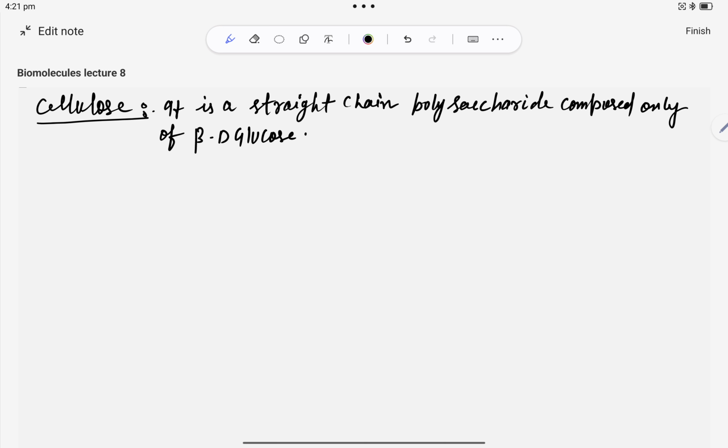Starch is composed of alpha D glucose and cellulose is composed of beta D glucose. So that is the important part here, composed of beta D glucose.